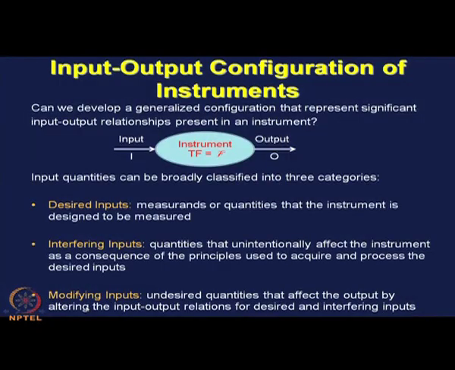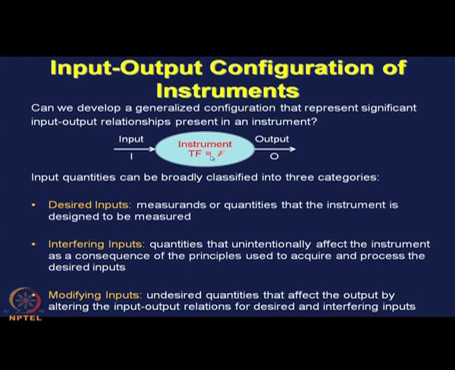And finally, modifying inputs. Modifying inputs are those undesired quantities that affect the output by altering the input output relations for desired and interfering input. If we consider this as desired input and there is a transfer function which works on the desired input and gives us output, now, modifying inputs will tend to change these transfer functions.